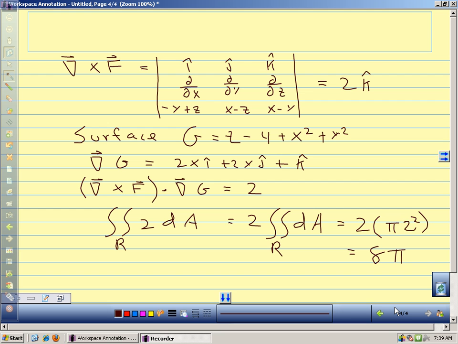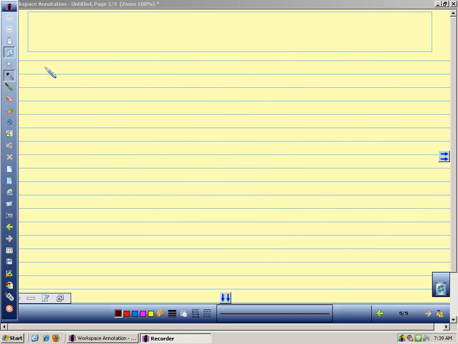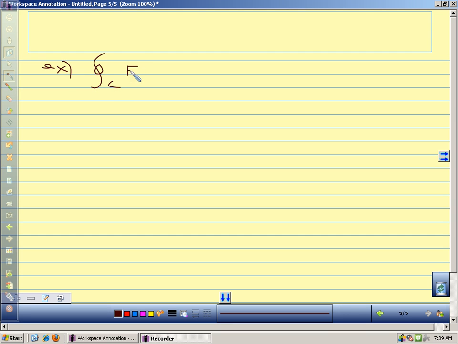Questions on that example? All right, let's look at one more example for Stokes theorem. So we want to find the line integral over our curve of f dot dr, and we want to use Stokes theorem here.